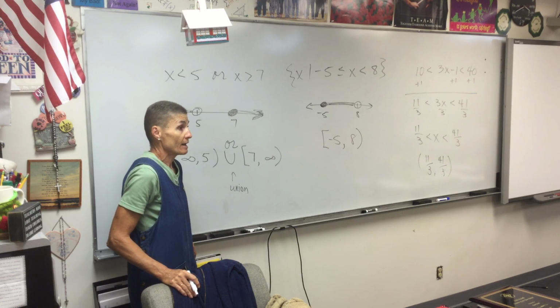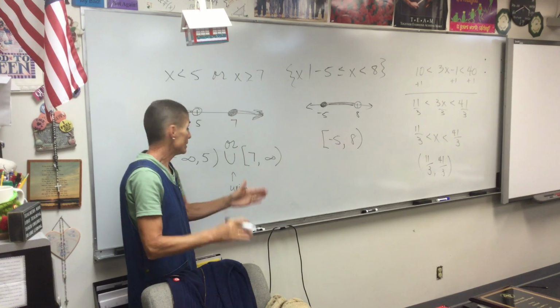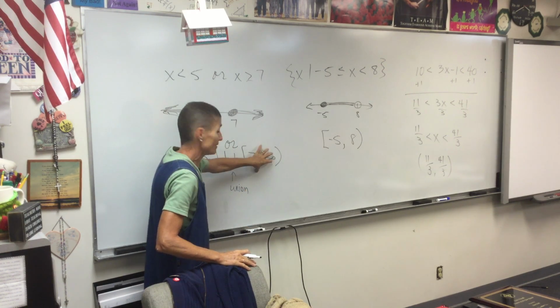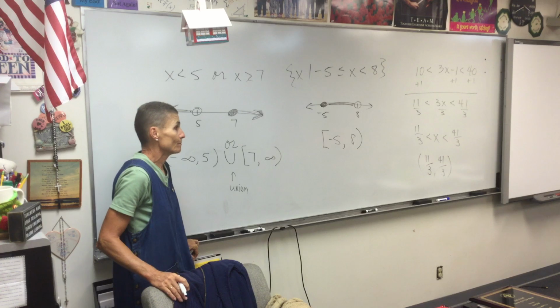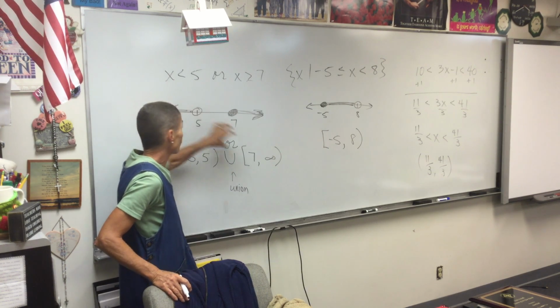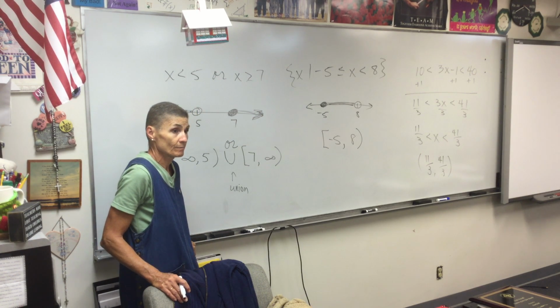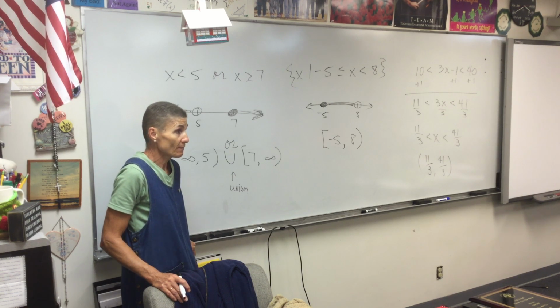And anytime you're trying to represent two pieces or more, you're going to separate each individual interval with a U, a union. Because you're taking this set of points or this set of points are included in the answer. Very good. Anybody have a question about that?